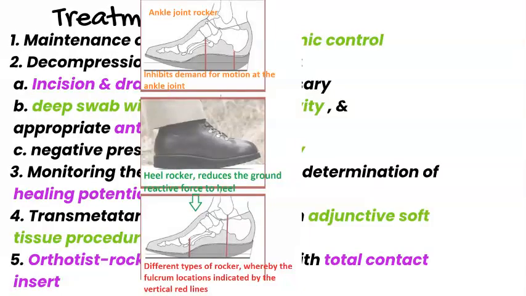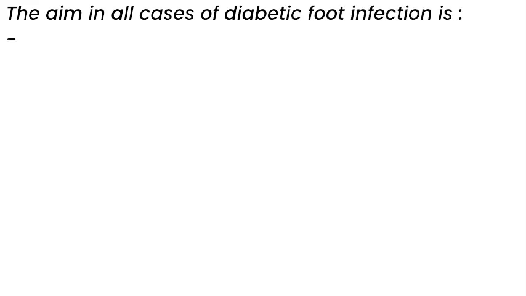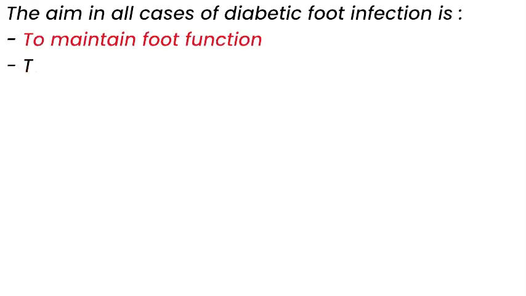The below one is a heel rocker, whereby it reduces the ground reactive force to heel. The aim in all cases of diabetic foot infection is to maintain foot function, to preserve structure.